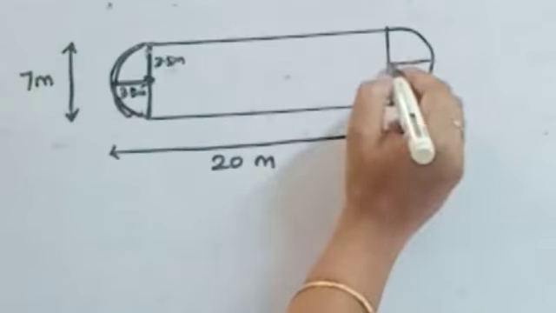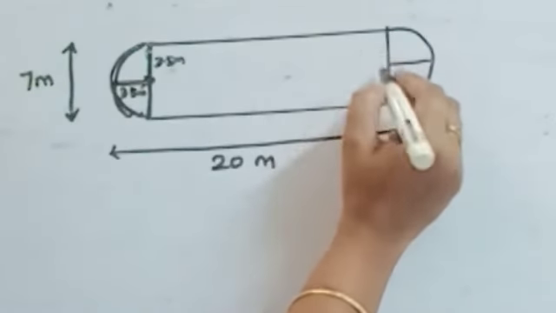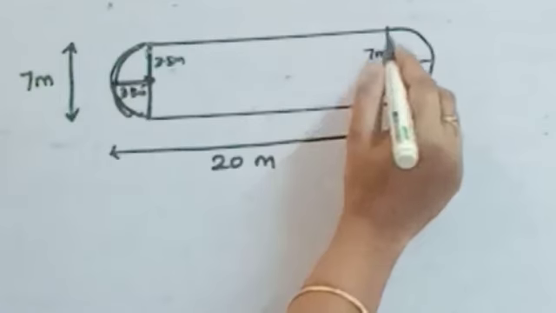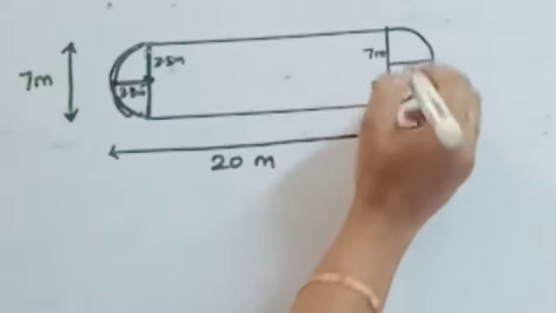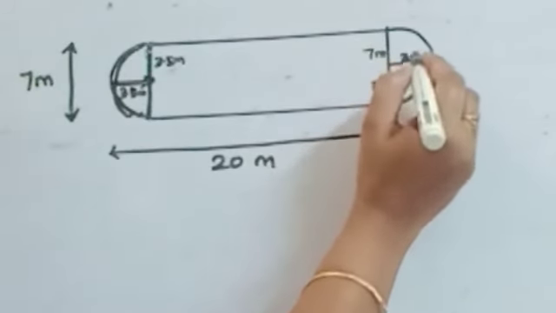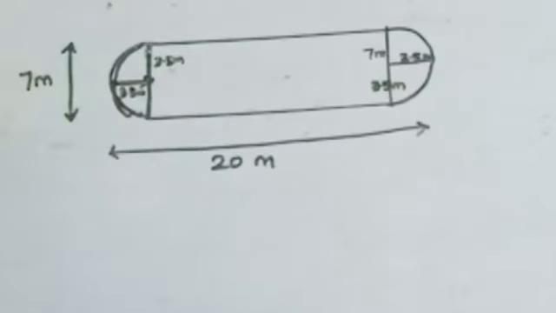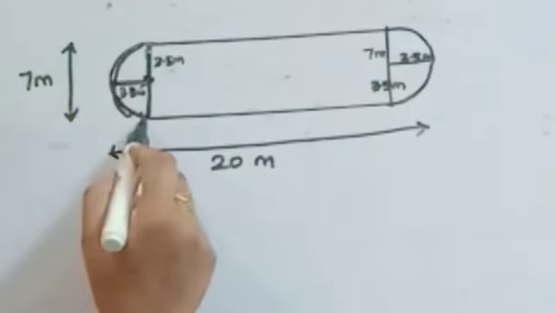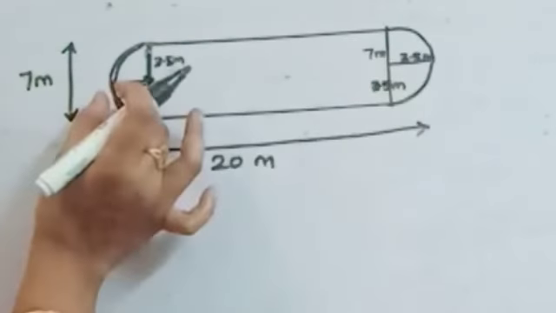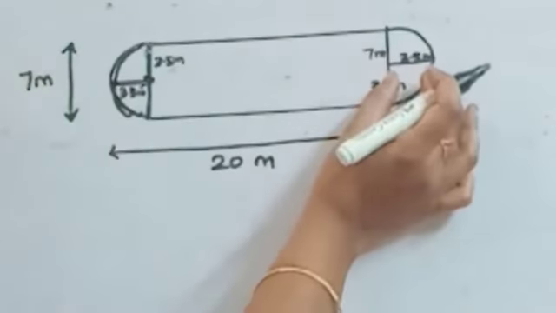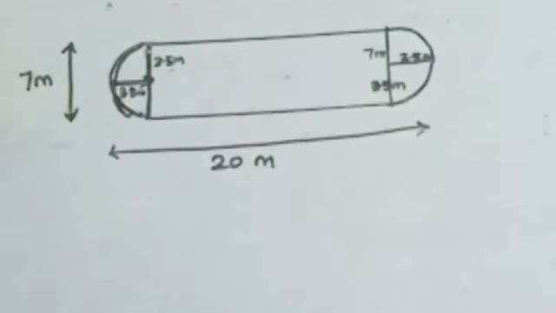So now we have one more semicircle at this end, and for that also we will have 7 meter as the diameter. So half of the length, 3.5 meter, will be the radius, and this height also is 3.5 meter. If you want to find the length of the rectangle alone, here 3.5, here 3.5, you have to add them and remove them from the length of the rectangle.